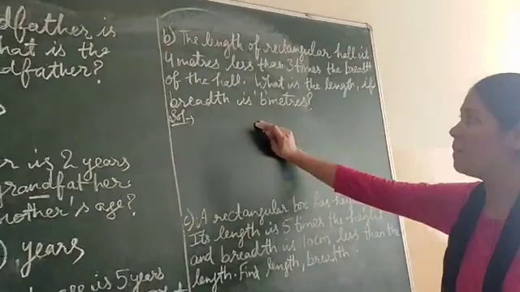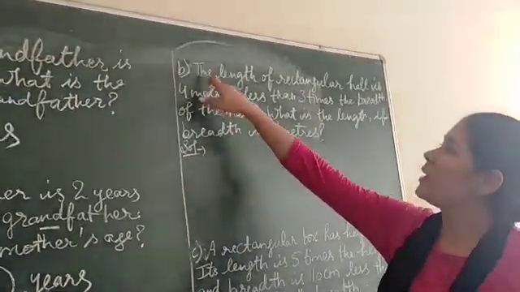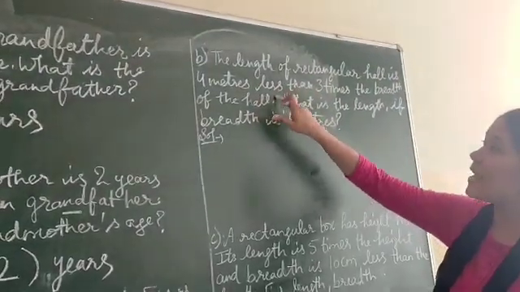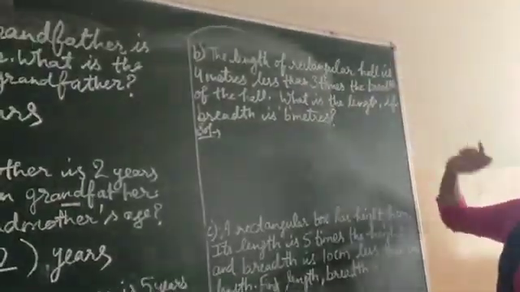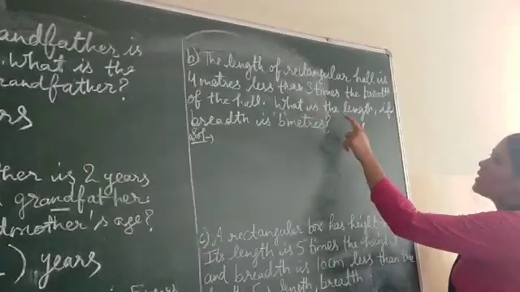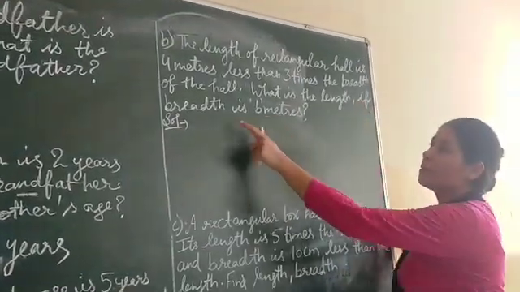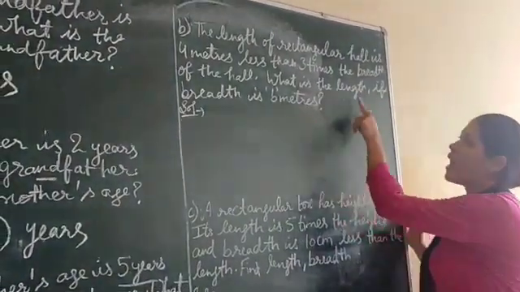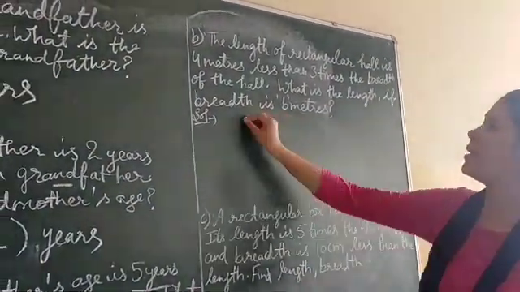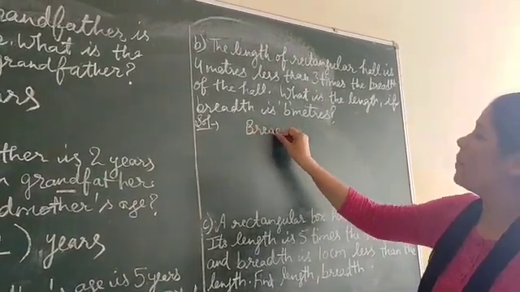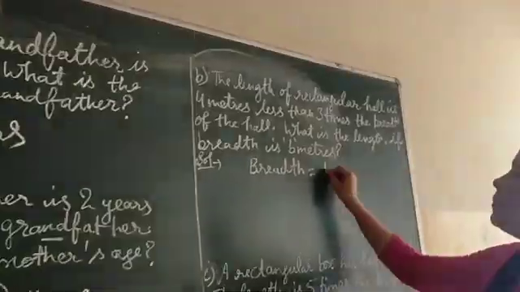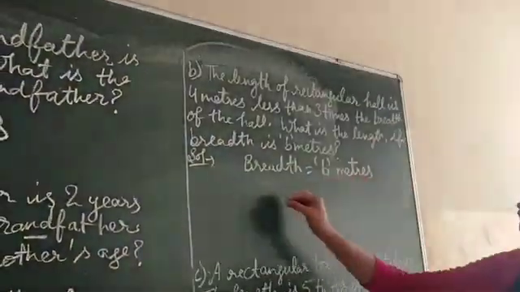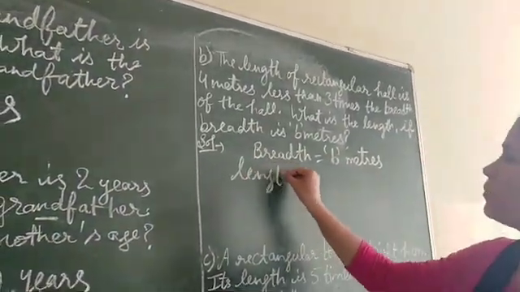Now we are starting here B part. B part is the length of a rectangular hall is 4 meters less than 3 times the breadth. What is the length if breadth is b meters? The value of breadth is given. You have to find the value of length. What is breadth? Breadth is b meters. ठीक है? Now you have to find length from here.